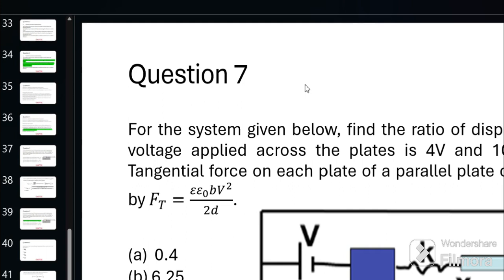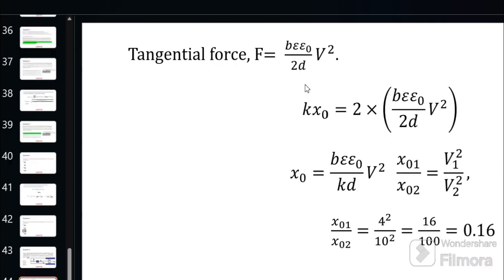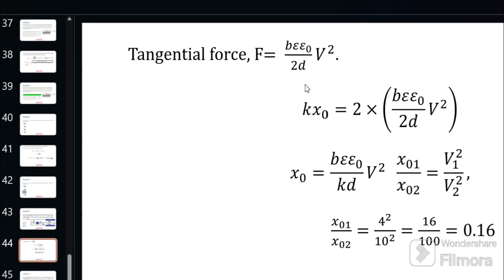For the system given below, find the ratio of displacement if the voltage applied across the plates is 4 volt and 10 volts respectively. The tangential force on each plate of a parallel plate capacitor is given by this formula. So you can see in most of the questions the formula is given. You just have to substitute in the formula, and here we are doing the same thing.